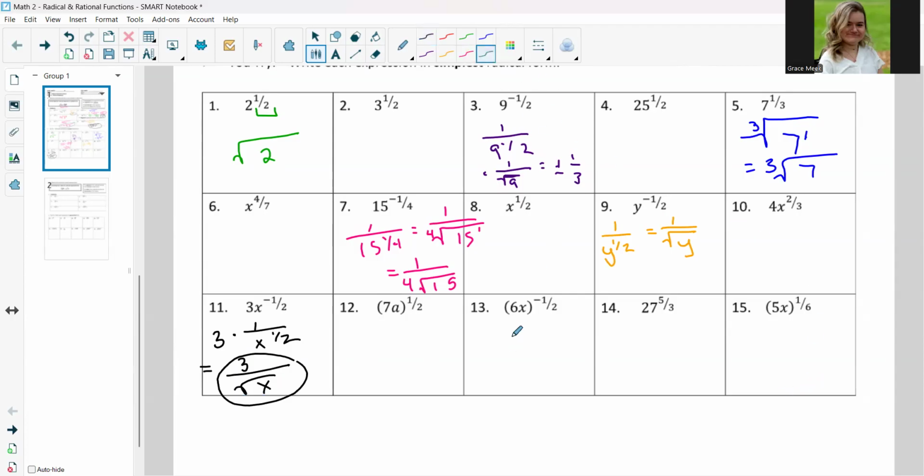Whereas this time, when you're looking at number 13, that is going to be everything underneath in the denominator. And then it'd be 6x to the positive 1/2 power. And then I just take the square root of that. And you're done.